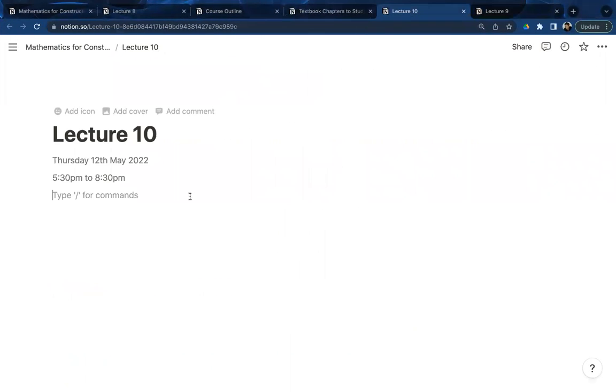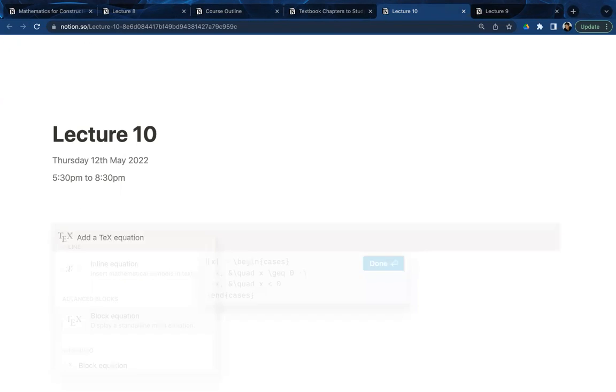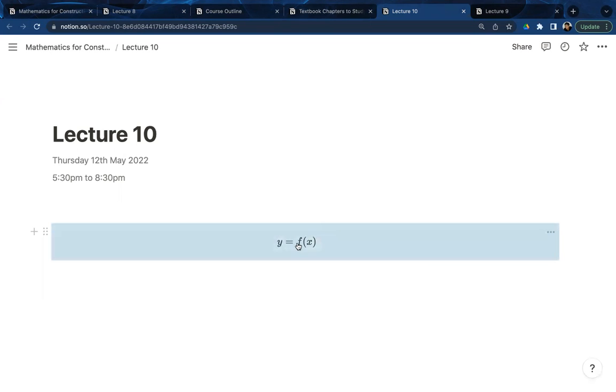So when we say things like y equals f of x, f is the function and f of x means a function of x.